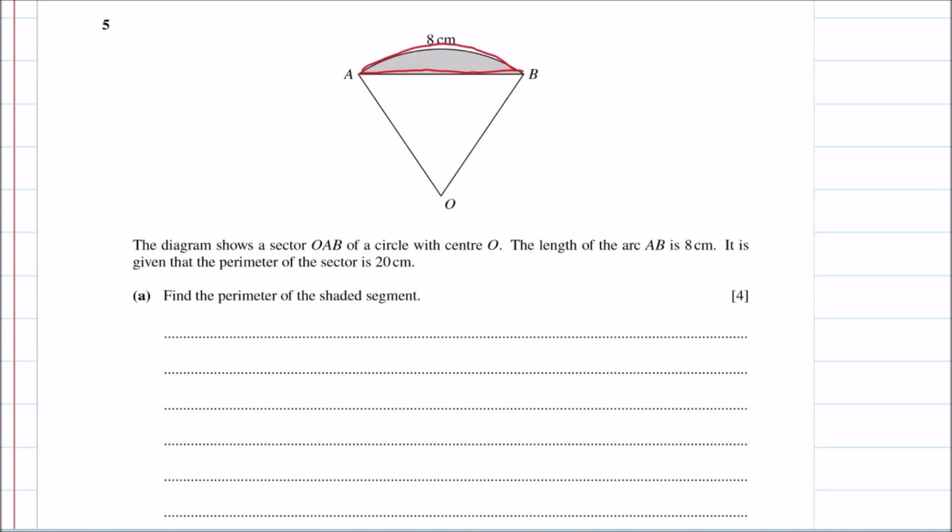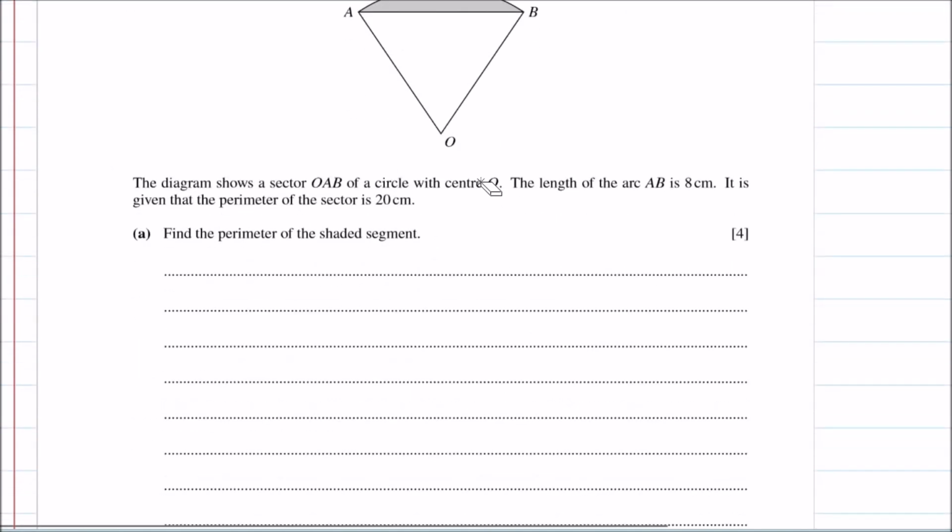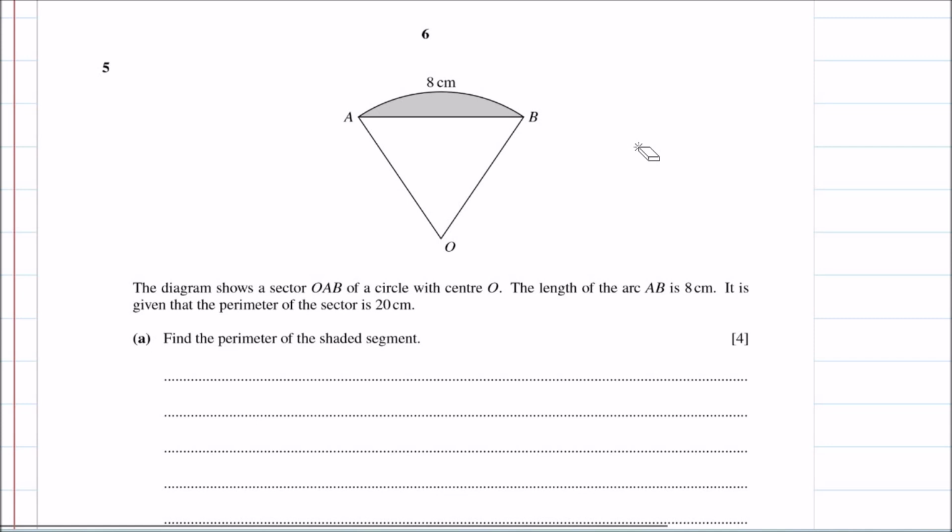So we have L equal to R theta. Let me write this. Formula is L equal to R theta. Now the arc length given is 8.